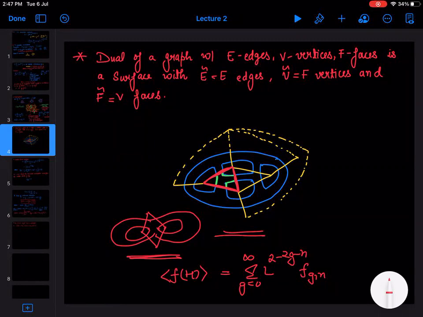So the number of these marked surfaces will directly give you the Euler characteristic? Sorry, I didn't understand. You need both the genus and the number of holes to calculate the Euler characteristic. Oh, I see, sorry. This small n is the number of marked surfaces. Yes. Okay.